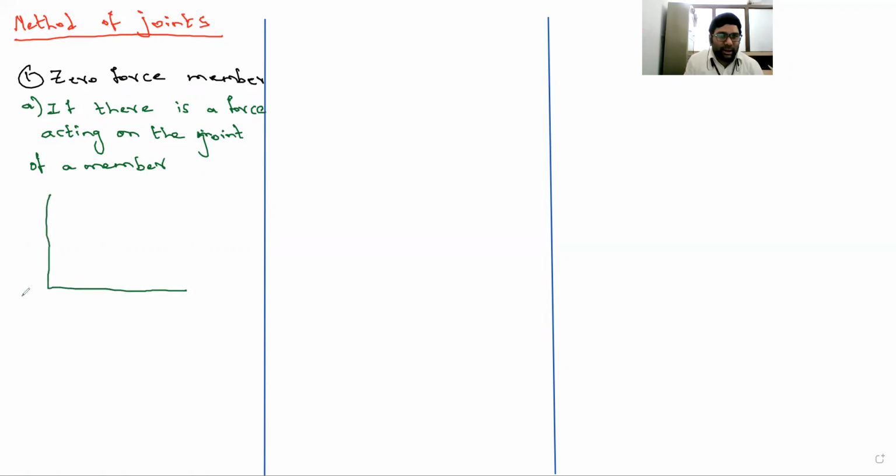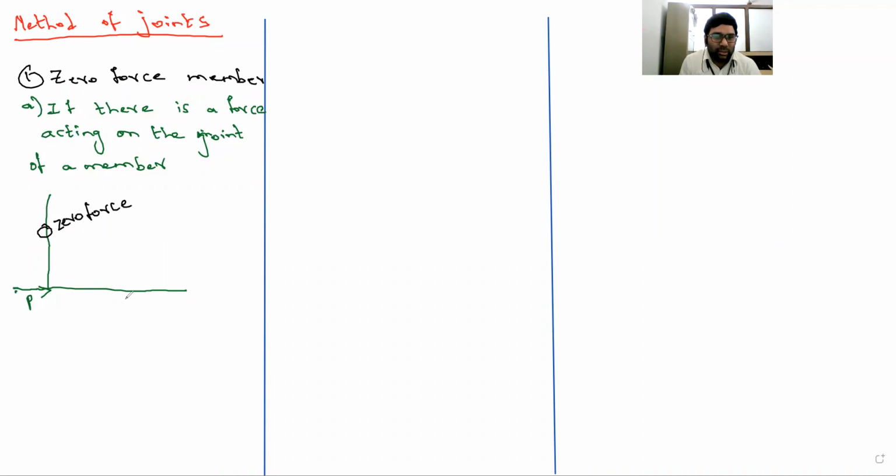Okay, you are seeing it here, right? And let me say that there is a force acting in horizontal direction to the horizontal member. You can all see here, this is force P. So in this case, this member will become zero force member, because there is a force that is acting horizontally and it is passing the compression zone to this specific member.